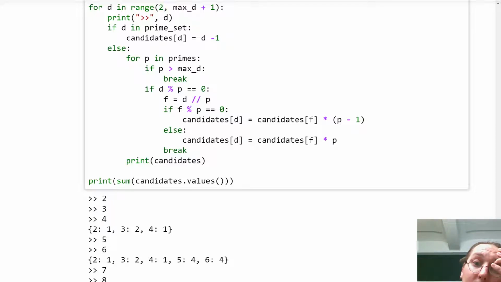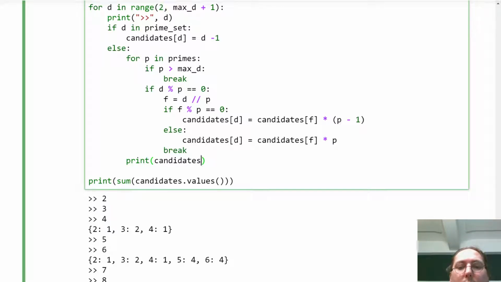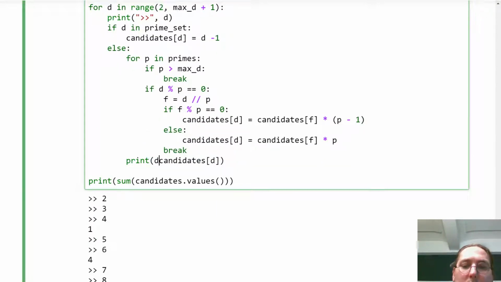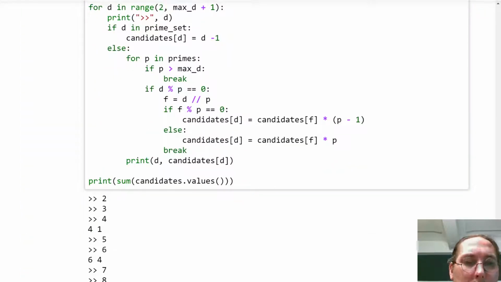Print candidates D. Okay. I guess D. So 416481. Can you do the if P and D in prime set also print candidates?